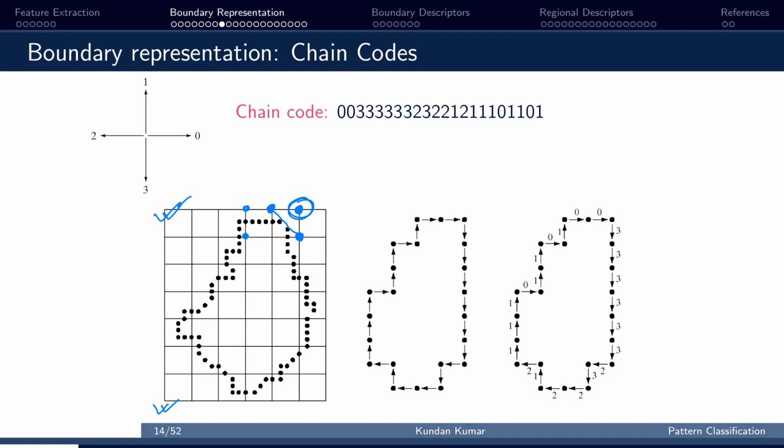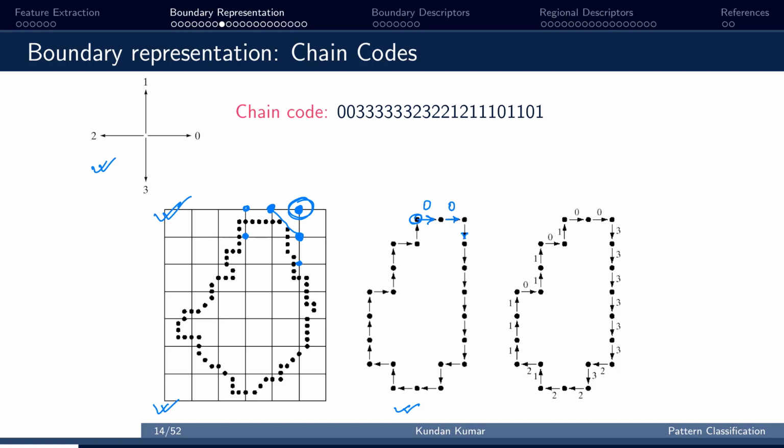So in this way we can have all the boundary segments using the 4 connectivity, and then we will start from the top left corner and assign the value based on the 4-directional encoder. So this is in this direction, so it is 0. This is also in this direction, so this is 0.